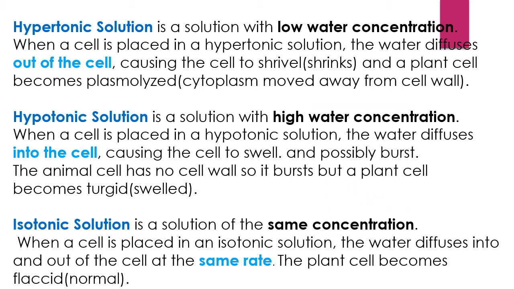Here, as you can see, a hypertonic solution is a solution with low water concentration or low water potential. When a cell is placed in a hypertonic solution, the water diffuses out of the cell, causing the cell to shrink or shrivel.